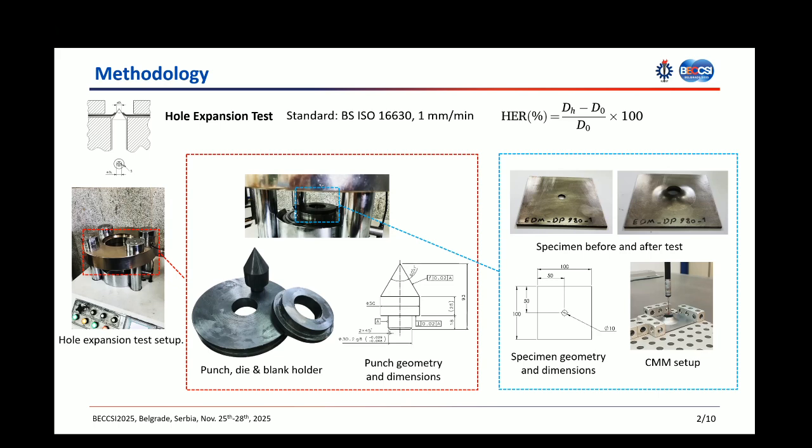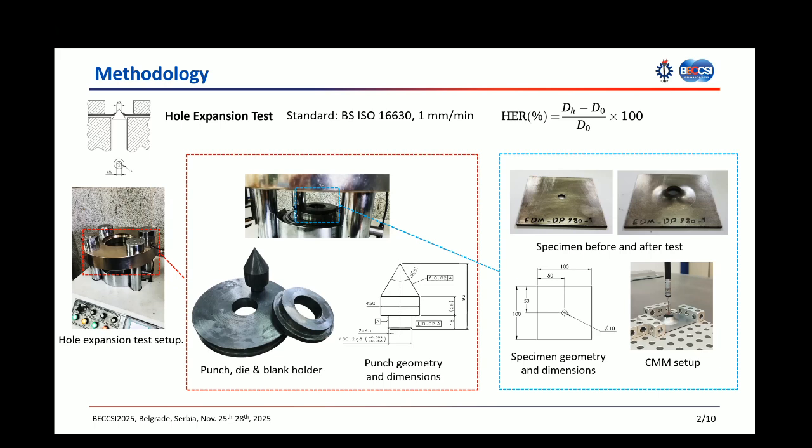To account for springback after unloading, the final hole diameter is measured using DIC and verified by the CMM method. This springback effect is significant in AHSS but negligible in a conventional steel like DC06.